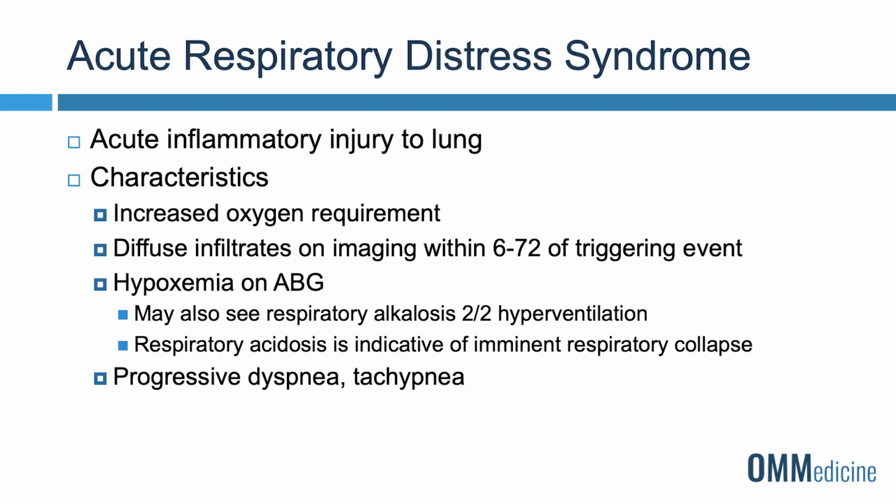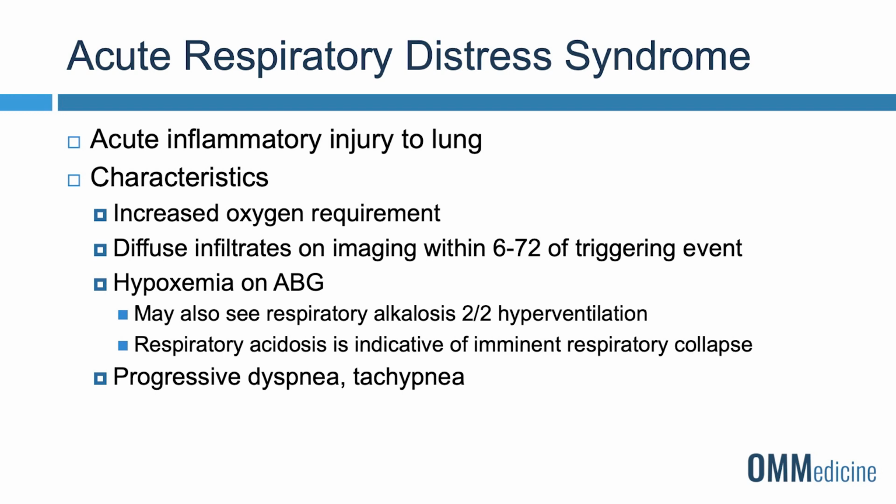Now, in any patient who is in acute respiratory distress, we will commonly obtain an ABG, and in patients who are in ARDS, you're going to see a respiratory alkalosis, and this is going to be because the patient's hyperventilating trying to catch their breath. And when we do this, we're going to blow off more CO2, and therefore we will have a respiratory alkalosis.